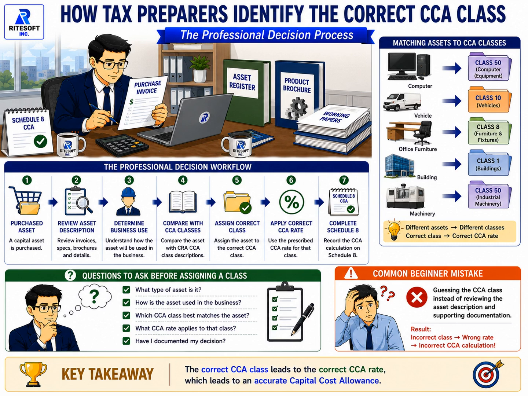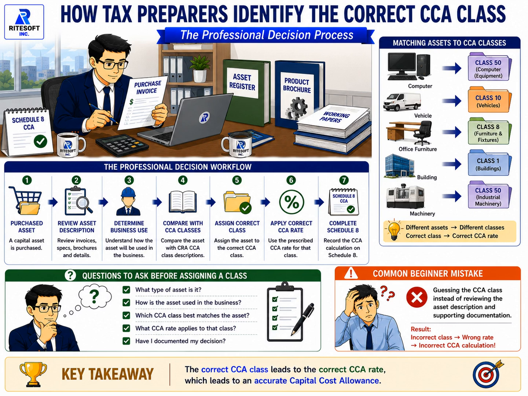This comparison helps identify the correct class based on the asset's nature and intended use. Once the appropriate CCA class has been identified, the corresponding CCA rate is applied. Because every CCA class has its own prescribed rate, selecting the correct class automatically leads to the correct capital cost allowance calculation.